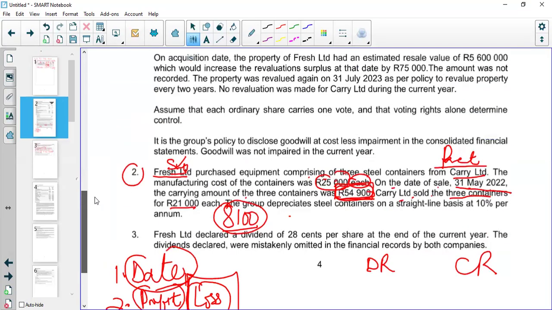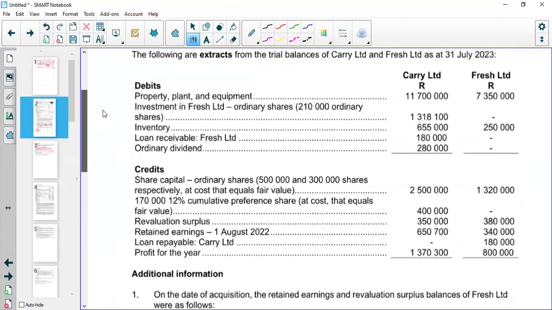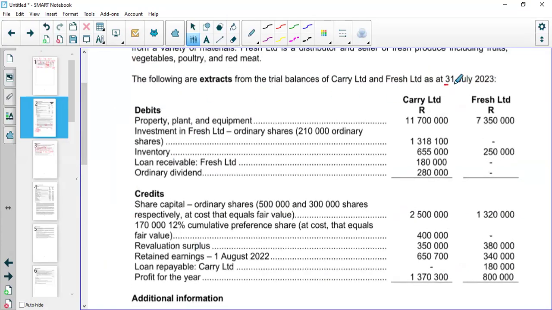And what is our year? Our year is 31 July 2023. So our year started on 1 August, right? 2022. So 31 May 2022 was last year. So this sale transaction was recorded last year, right?